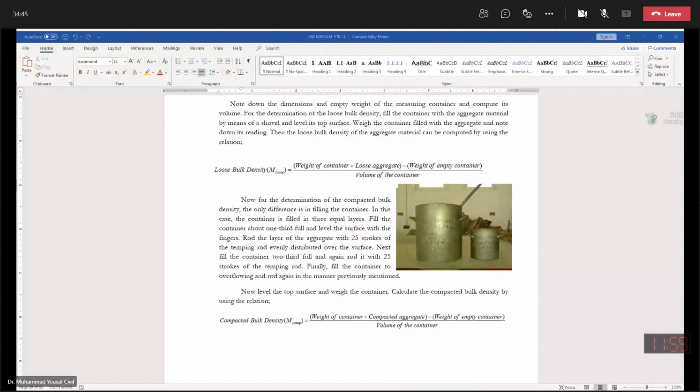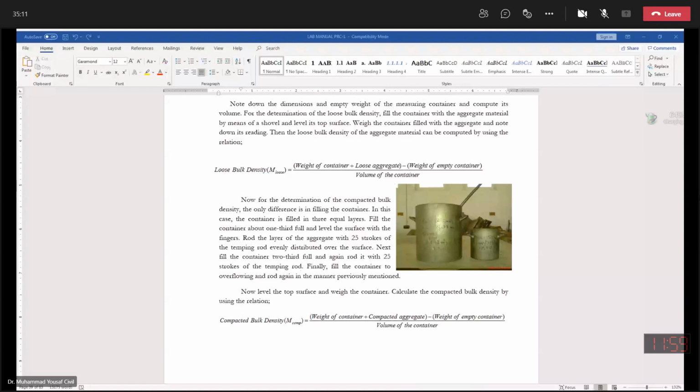Zaim. He is being removed from the session. Umar. Pervez. Yes, sir.